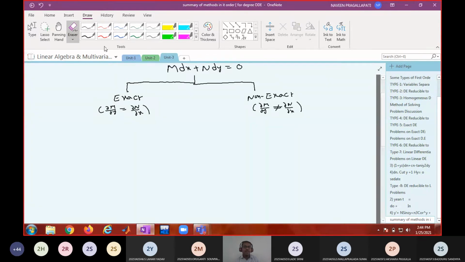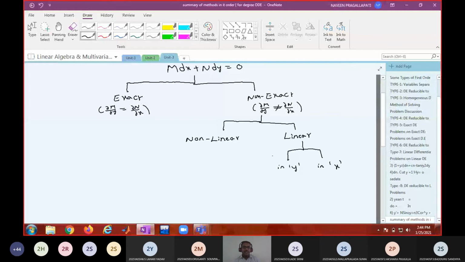How do you proceed when it is not exact? Check whether it is linear or non-linear. If it is linear, it can be linear in y, or it can be linear in x.